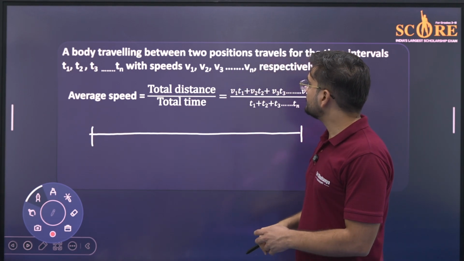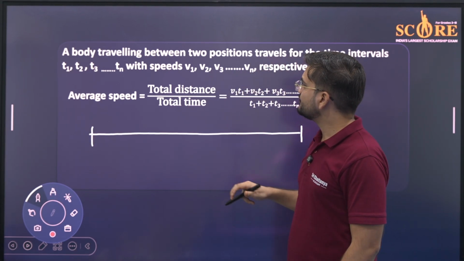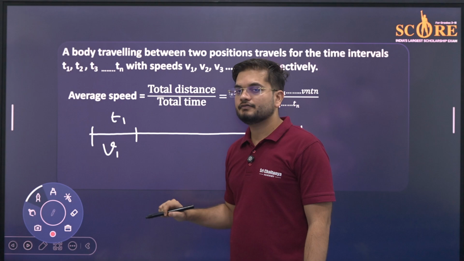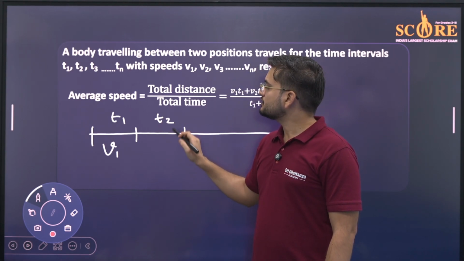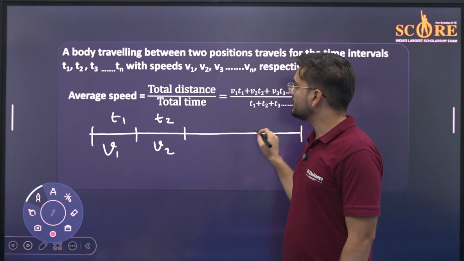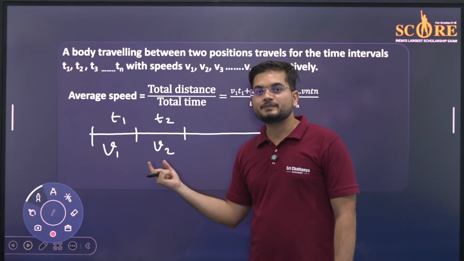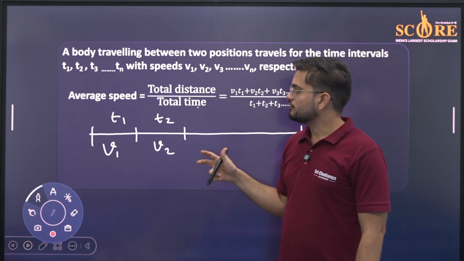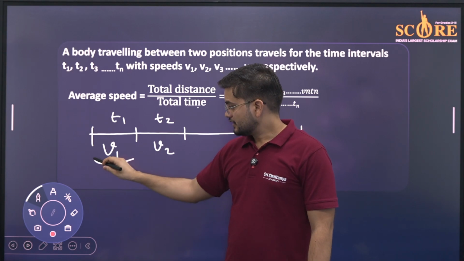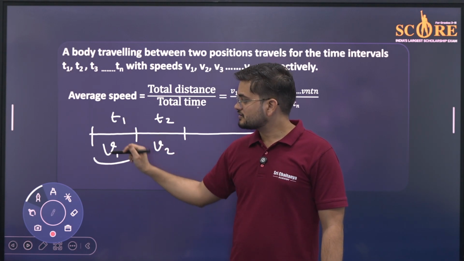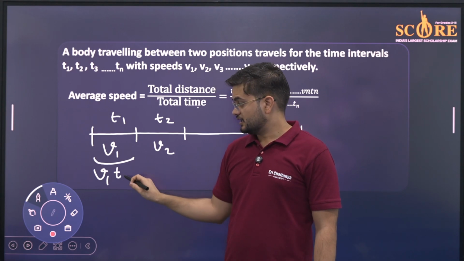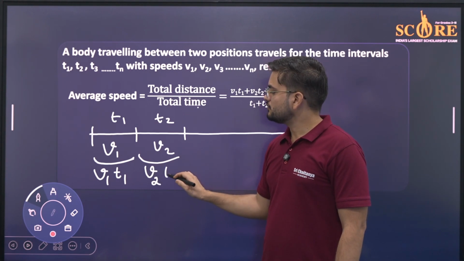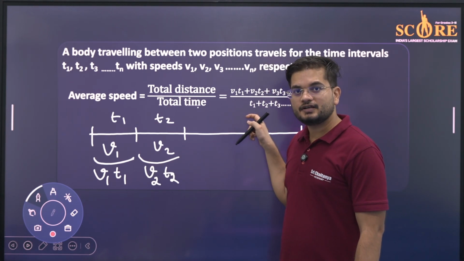If a particle travels in such a way that it travels for t1 time with speed v1, next t2 time with speed v2 and so on, the average speed will be the total distance traveled divided by the total time. In each segment we calculate distance traveled as velocity times time: v1 t1, v2 t2, v3 t3.